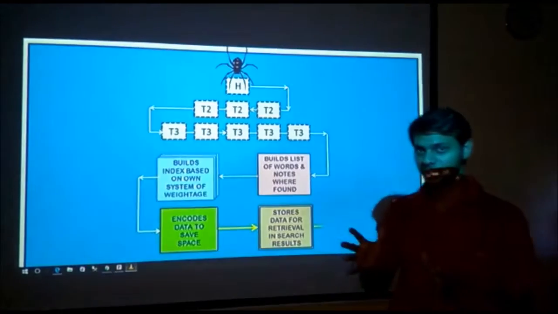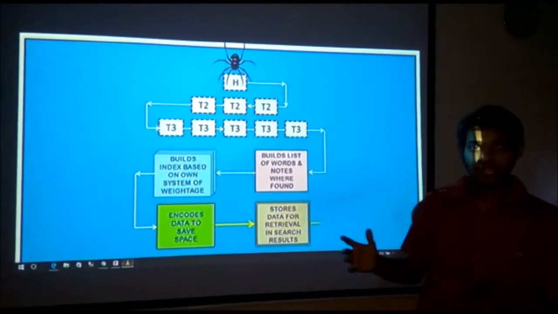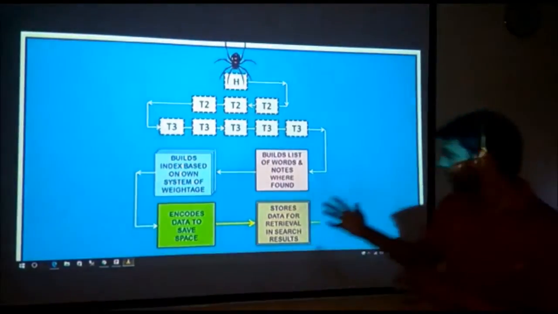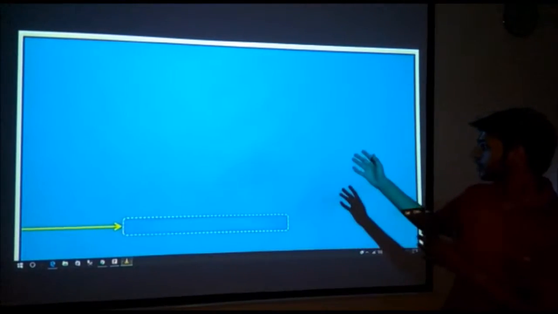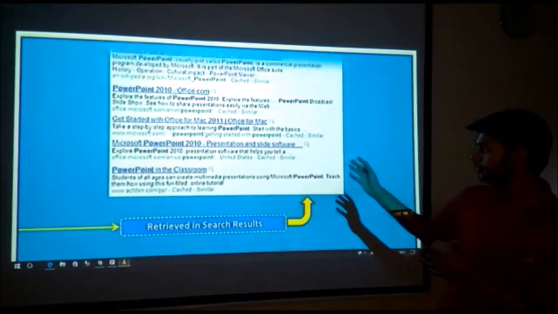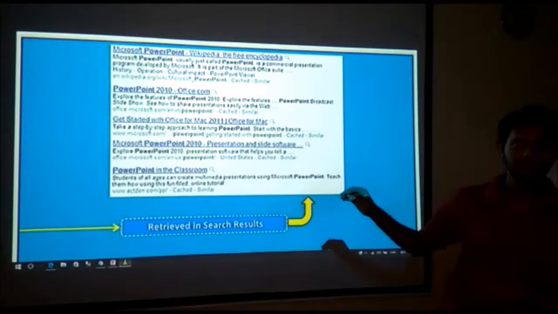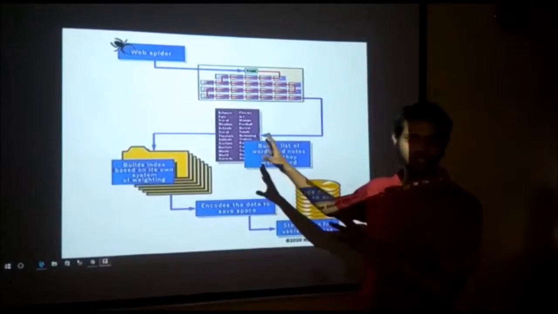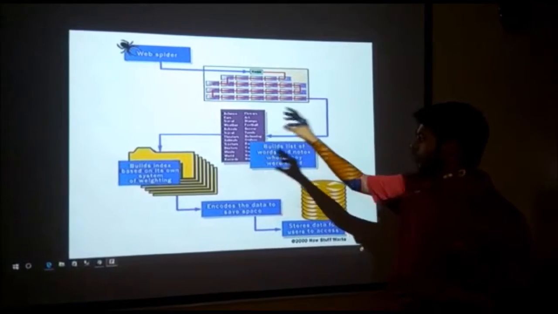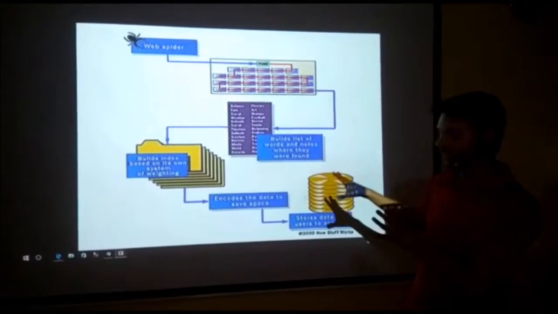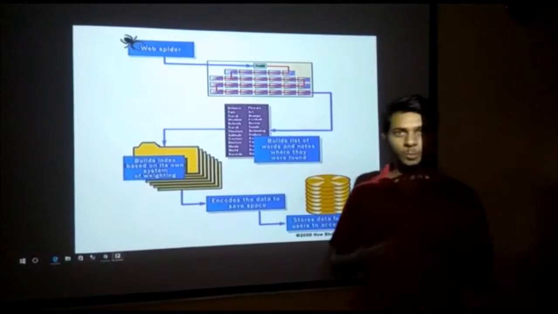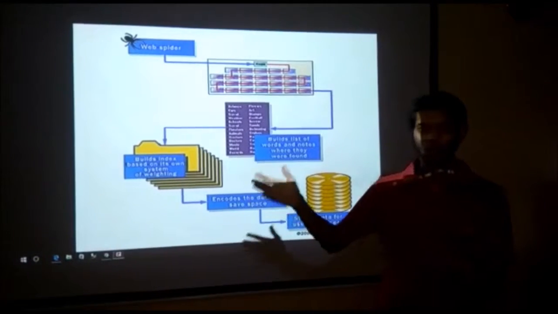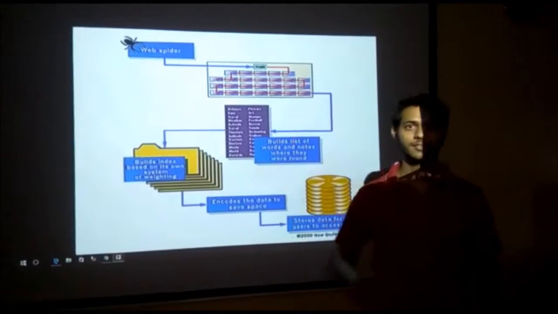Now finally, the web search engine retrieves the data where it is stored to show up in the results. Now you can see the summary of how a web search engine works. You can see crawling, indexing, and ranking. Now with this, I end my topic and I invite my teammate to throw some light on why Google.